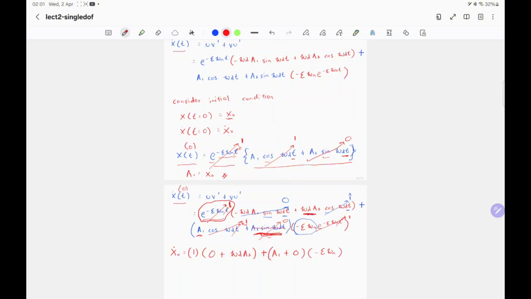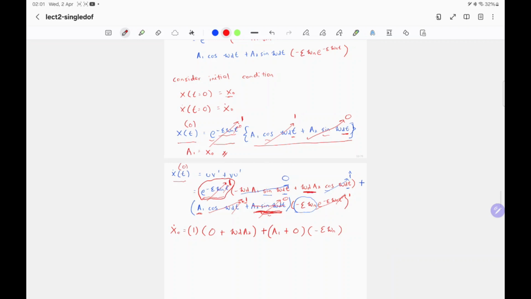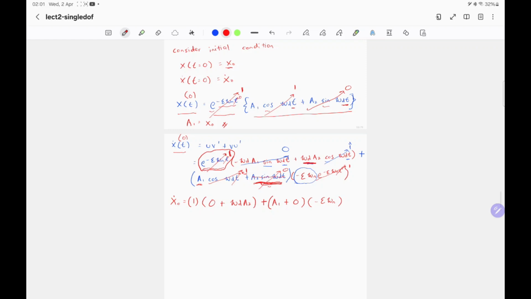Try to do it yourself so that you can get the same answer. So x dot naught is equal to omega d a2 plus, and plus and minus becomes negative, so negative zeta omega n a1.